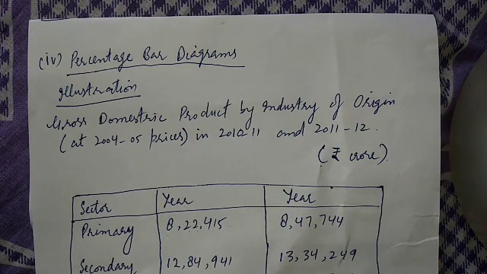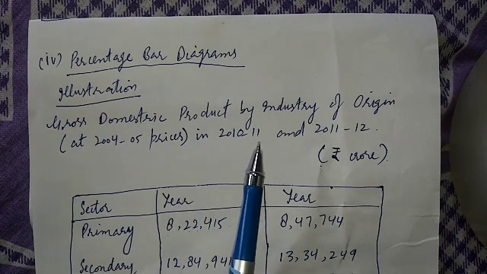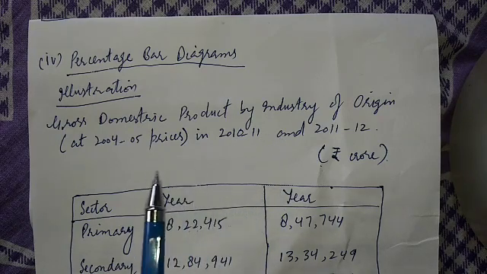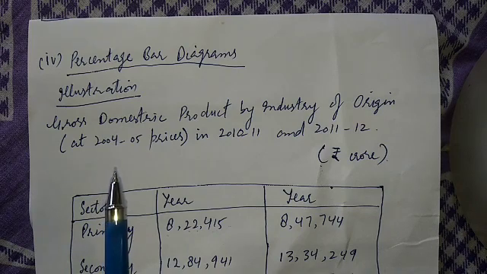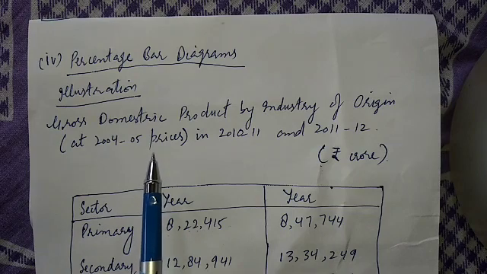And the example given illustrates the percentage bar diagram. Now, this illustration: the gross domestic product by industry of origin at 2004-2005 prices.